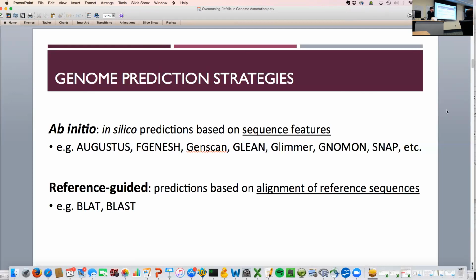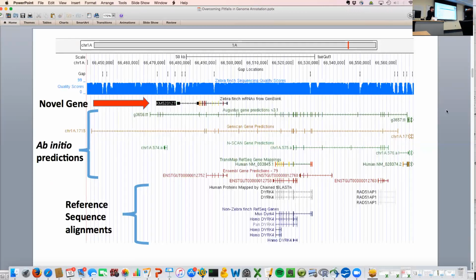When we say the word model, we don't mean a model in a mathematical or probabilistic sense. We're talking about a hypothesis. Each of these genes is basically a hypothesis that the algorithms have produced for where most accurately a gene represents the biology of this particular organism.